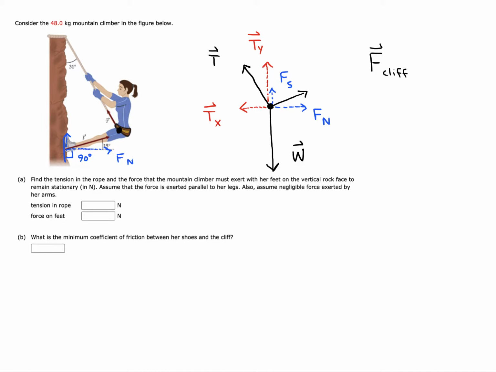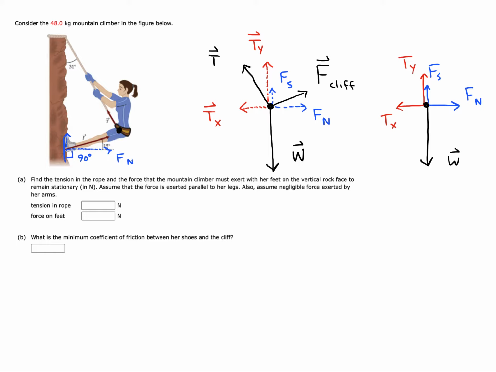So we could now redraw it on the side here. So there's the weight vector. We'll have this Fs, Fn, Ty, and Tx.